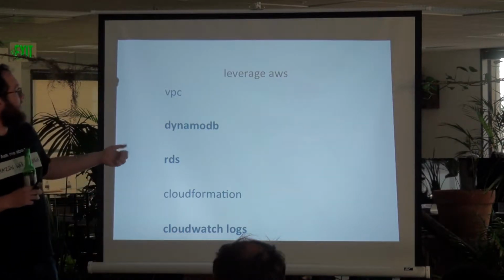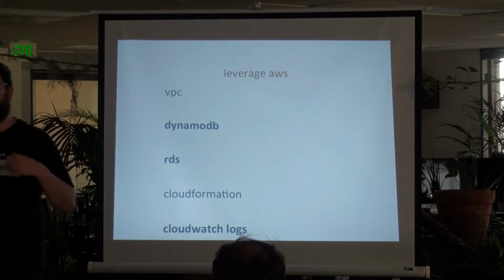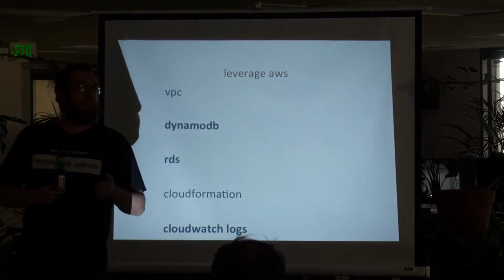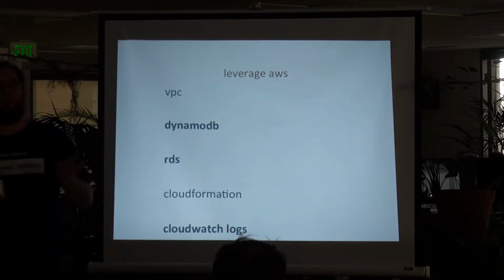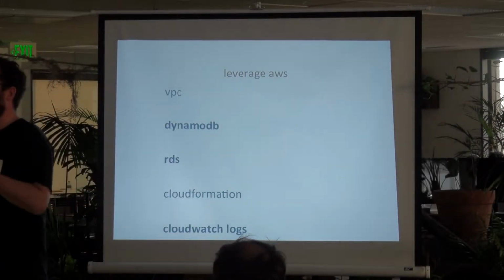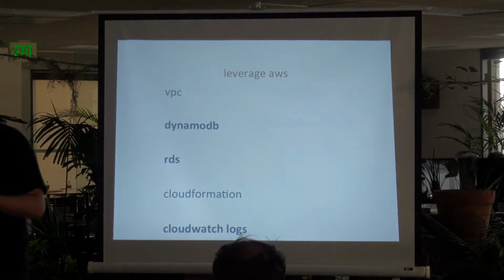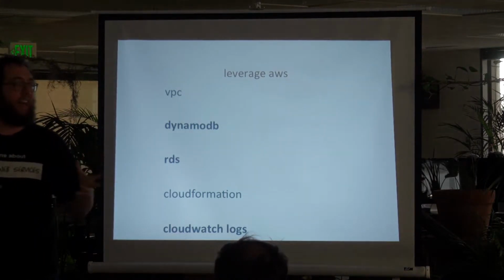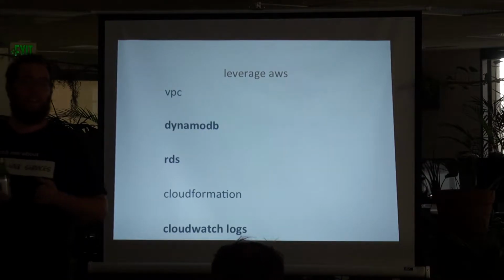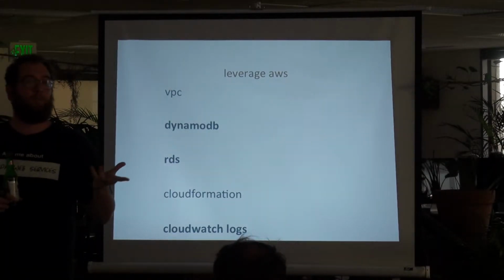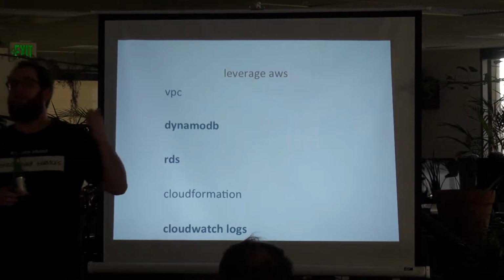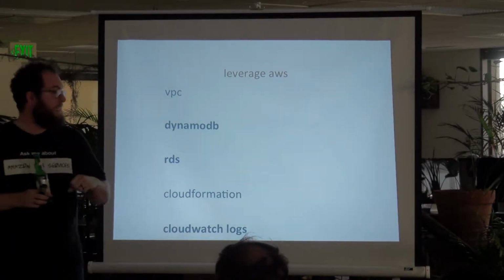Some samples and the bolded examples here we'll look at in a demo, but if you want to run Docker inside of a VPC, so VPC, some might call it a software-defined network. It's a service that allows you to define subnets and routing tables and security groups, optionally connect that network back to an on-prem network via VPN gateway, have private subnets with non-routable IP addresses. You can do that with Elastic Beanstalk.